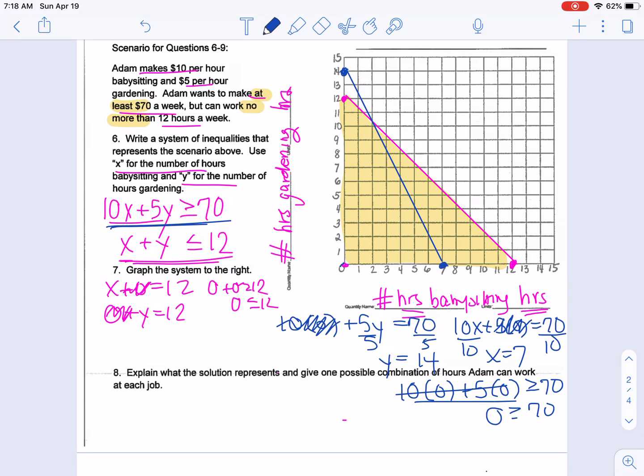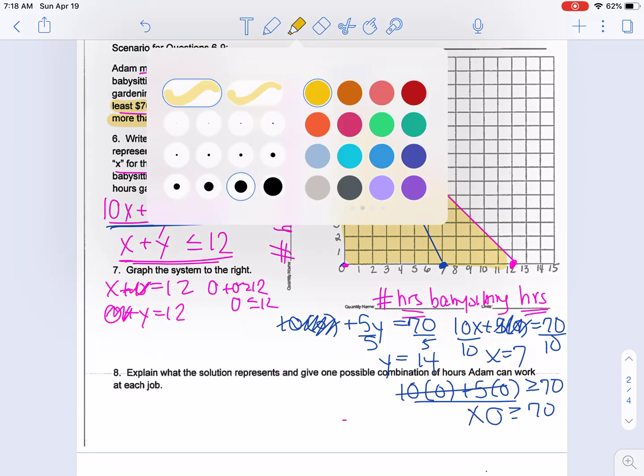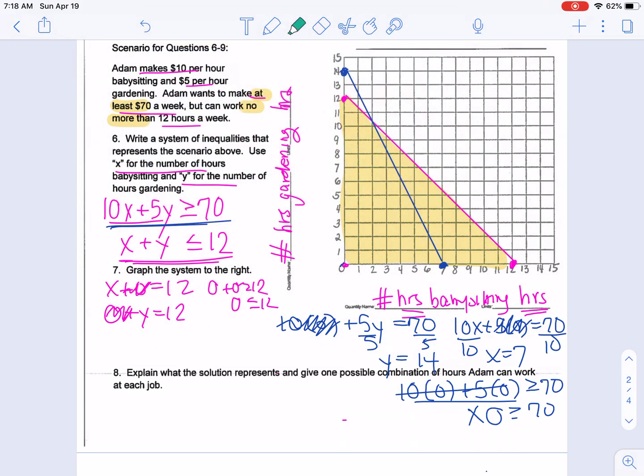No, it is not, which means my solutions are going to be on the opposite side. And hopefully you can see, while I'm shading this and looking at your graph, where my solutions are. Right in this region.